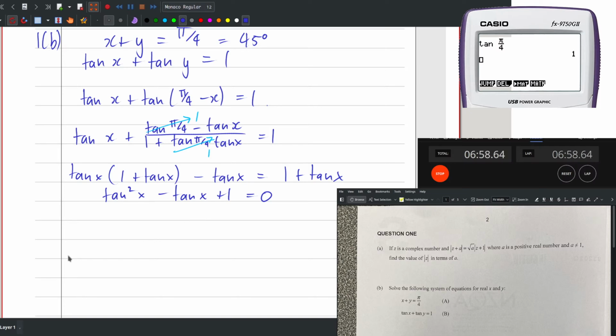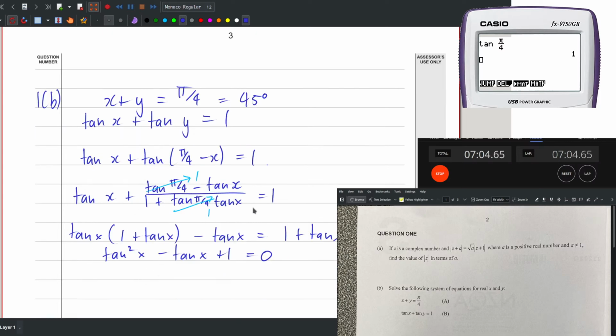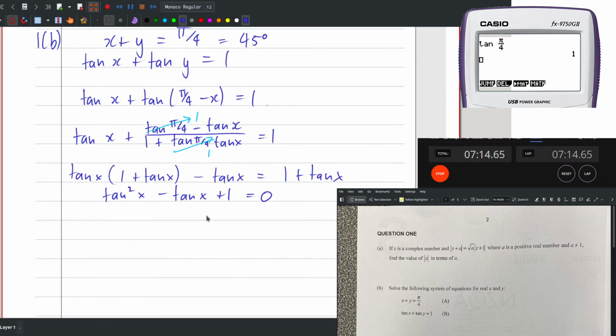Because remember, x equals 0 should be a solution, right? So somewhere along here we've made a mistake. Because if I plug in 0 right here, it doesn't work.